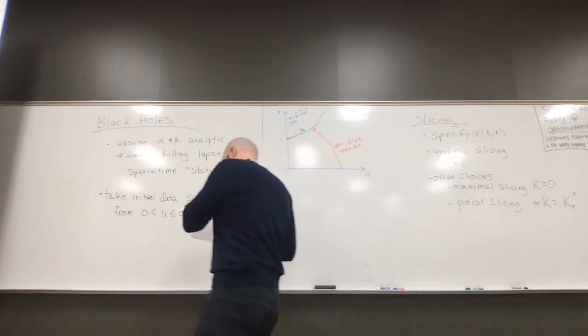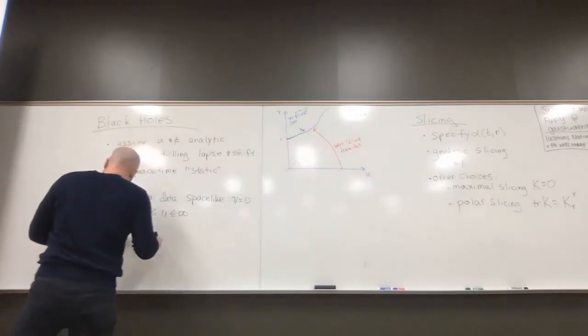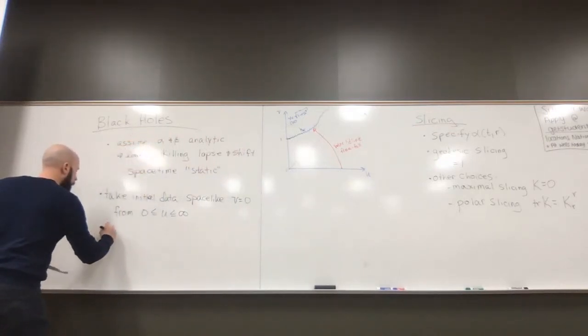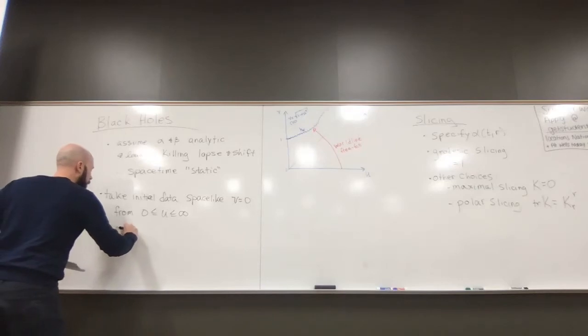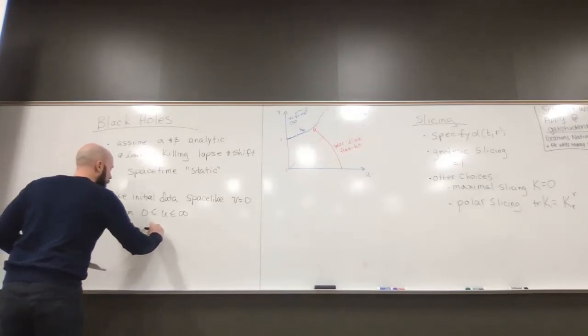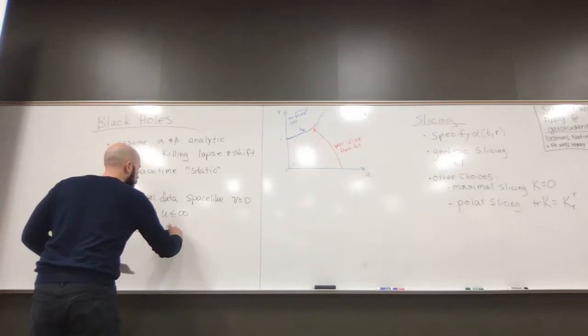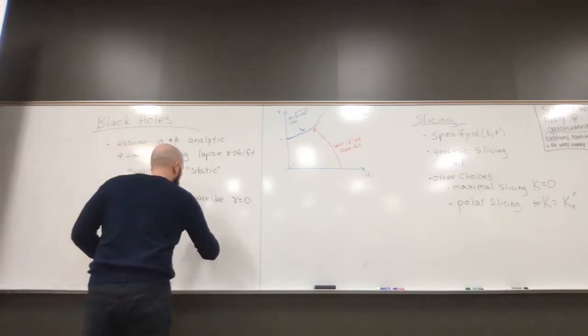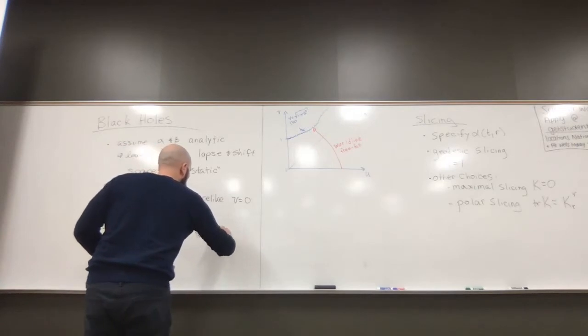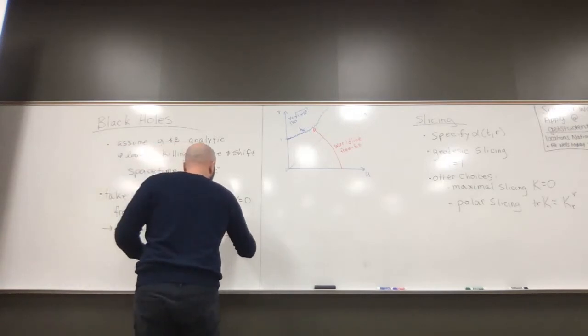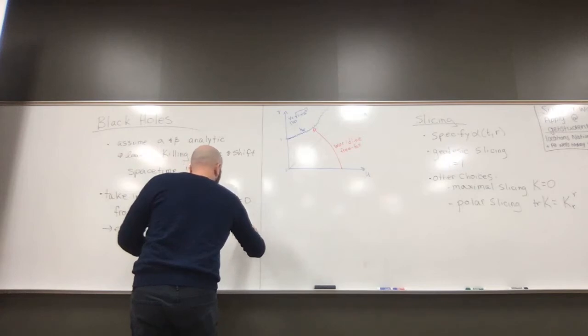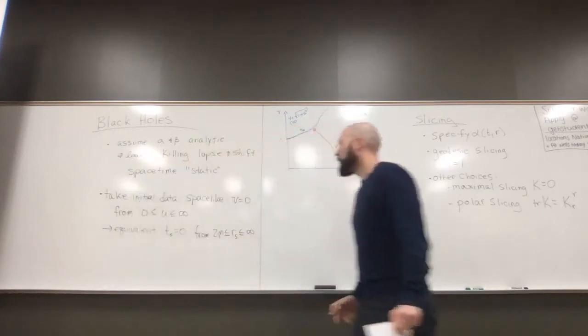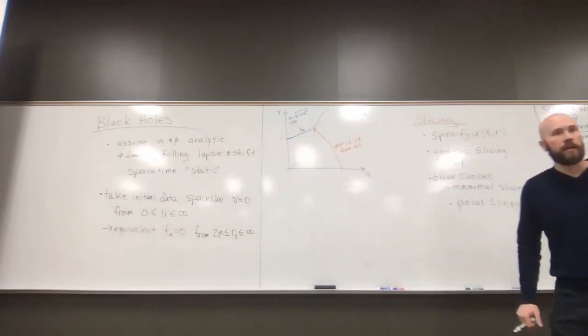Okay. This is equivalent to, in Schwarzschild coordinates, the Schwarzschild time equals 0 from 2m less than or equal to the Schwarzschild radius less than or equal to infinity. So outside the event horizon.